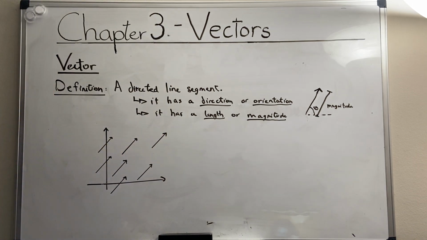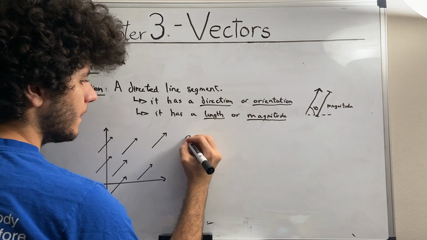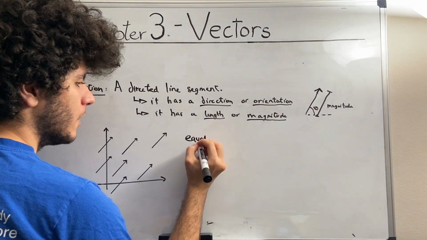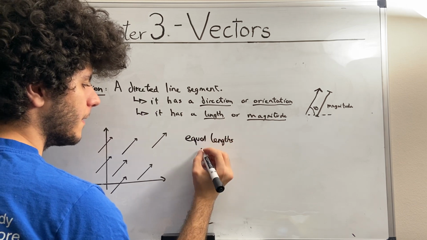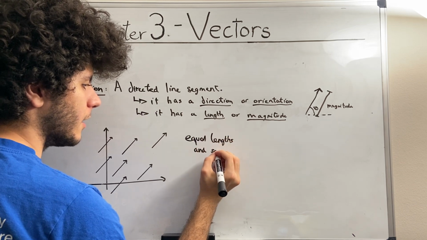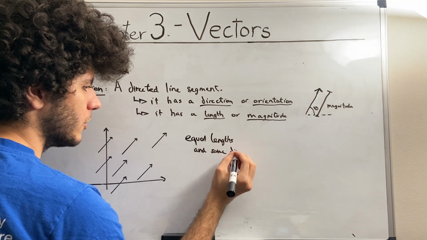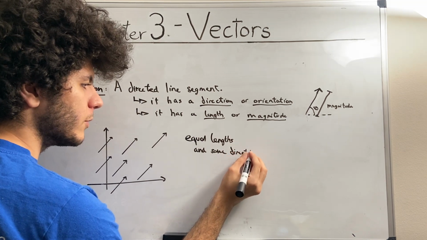Okay, now what do these vectors have in common? Well, actually, they are all equal to one another because they have equal lengths and point in the same direction.